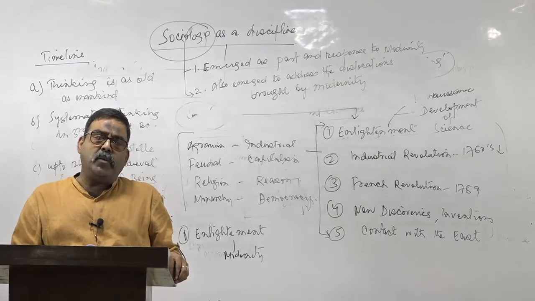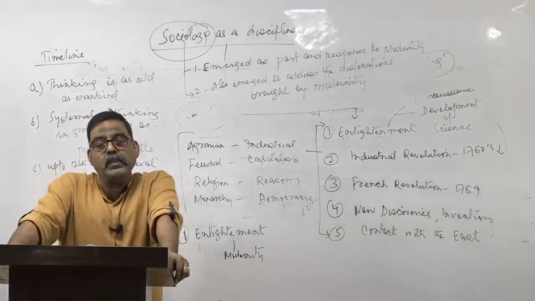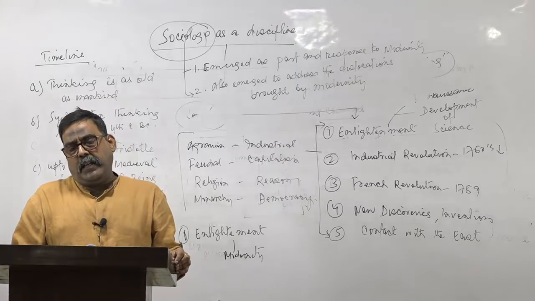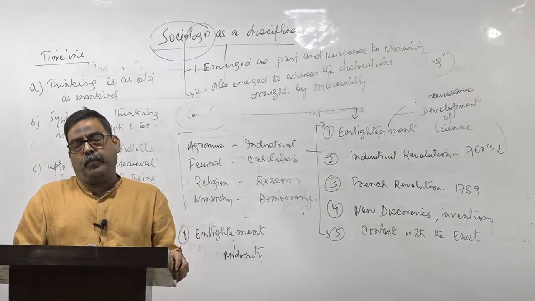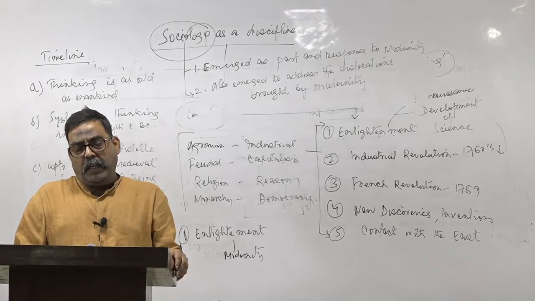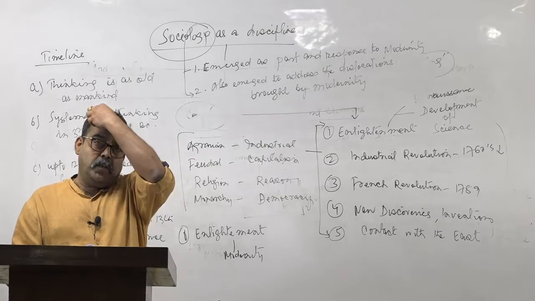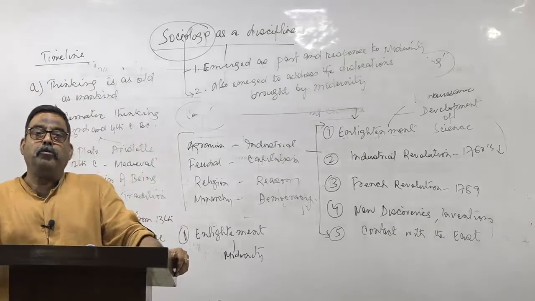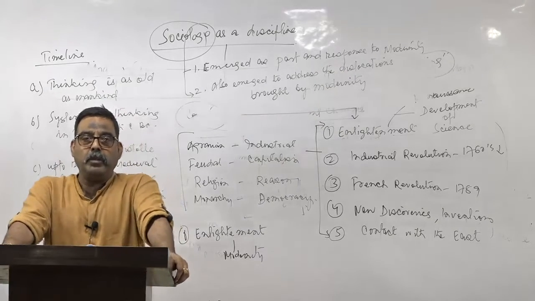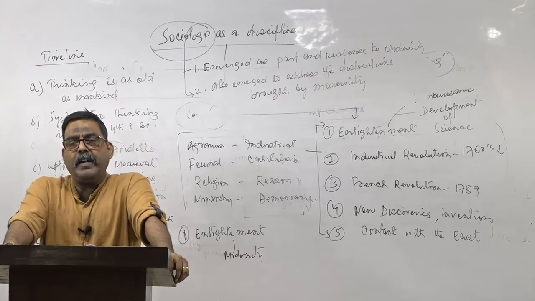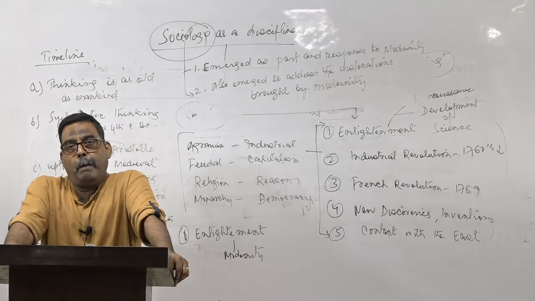However, whether sociology is a science or not, I will be picking up tomorrow or today itself. That cannot be answered in a simple yes or no. The difference between natural and social science is more of a degree than of a kind. And from there we will begin Unit 2. But before I come to Unit 2, some parts I have to talk about because I am finding certain questions coming from there.